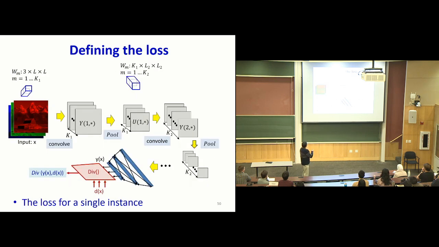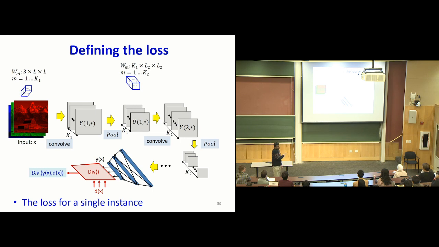So here's what you'd have. You have the entire network, and you compute some output in response to some training input. Now you have a desired output for that training input. So you might say that this is an image of a house. The network has some output. And then you can compute a divergence between the network output and the desired output, typically a cross entropy loss or a Kullback-Leibler divergence.